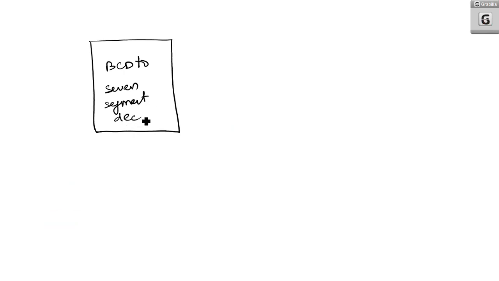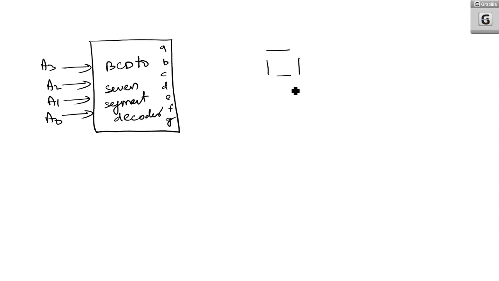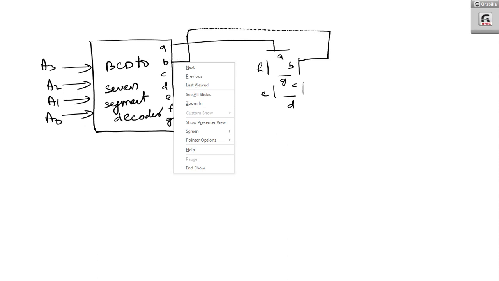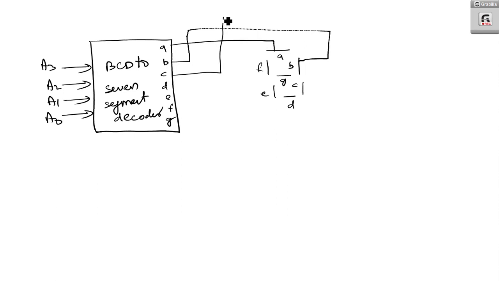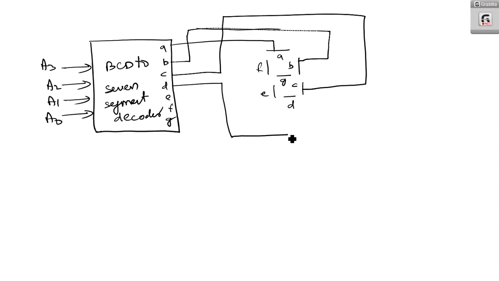There are 4 inputs, A3, A2, A1 and A0, and 7 outputs, A, B, C, D, E, F and G. Each one is connected to the corresponding segment: A is connected to segment A, B to B, C to C, D to D, E to E, F to F, and G to G.